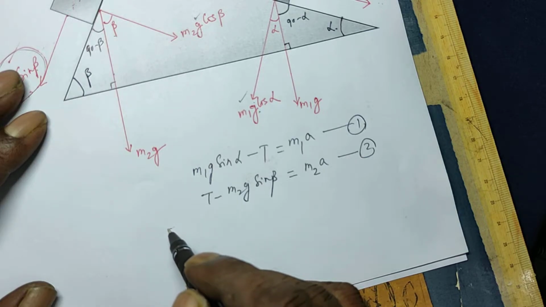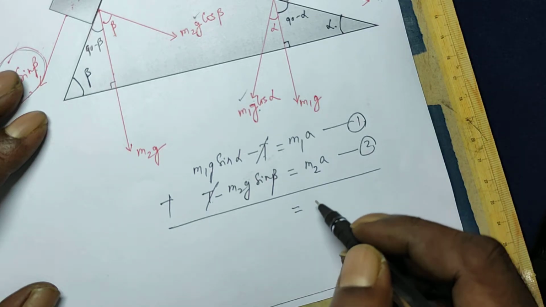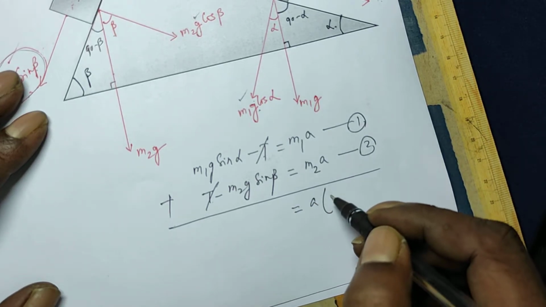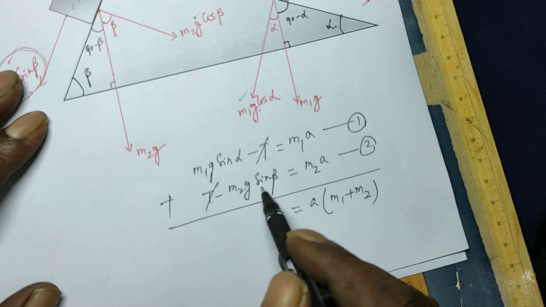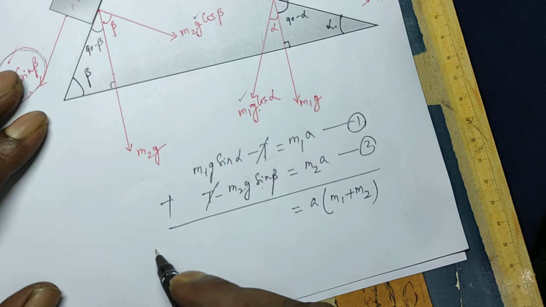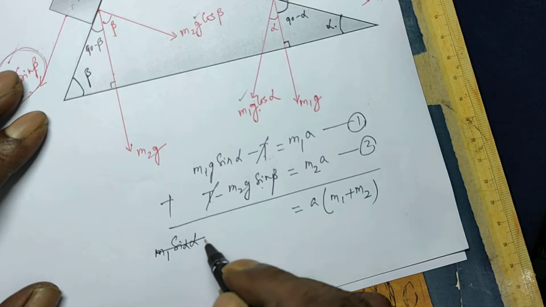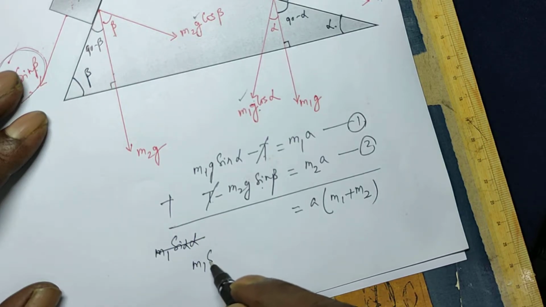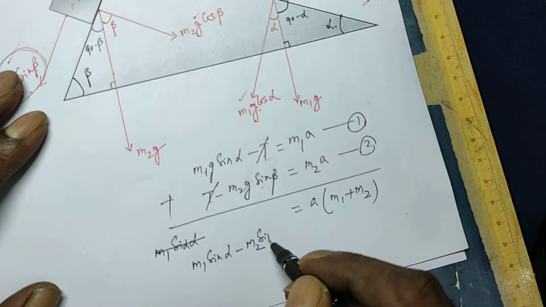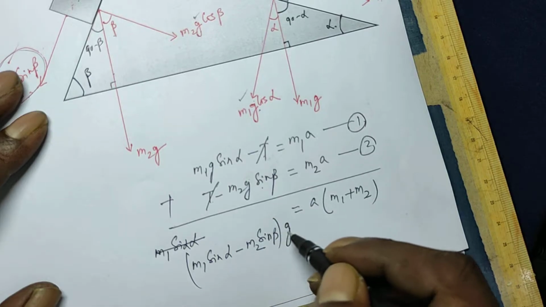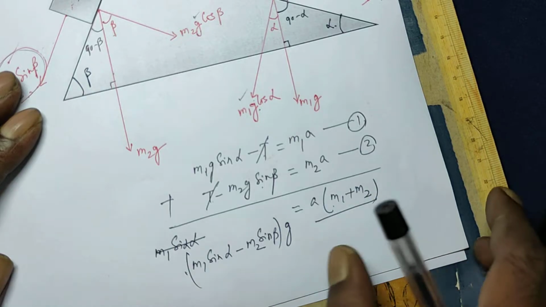So if I add these two equations, minus T plus T cancels. On this side, if I take a common, I am left with M1 plus M2 in the bracket. On this side, I take G common, so you are left with M1 sin alpha minus M2 sin beta times G. M1 plus M2 is multiplied here, so it comes to this side.